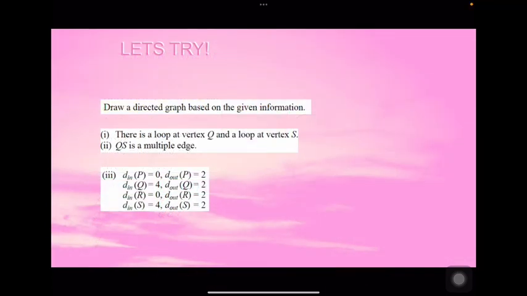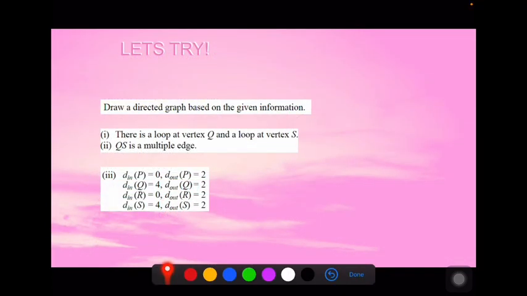Okay, let's try. By using the technique, try to draw a directed graph based on the information given. You are given a loop at vertex Q and a loop at vertex S. You have Q, S as multiple edges and D in and D out as given.